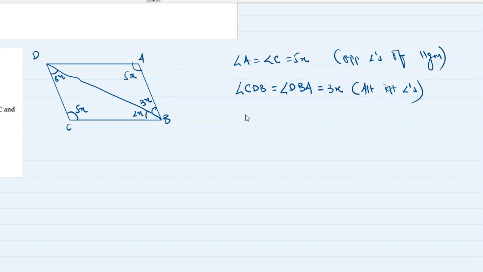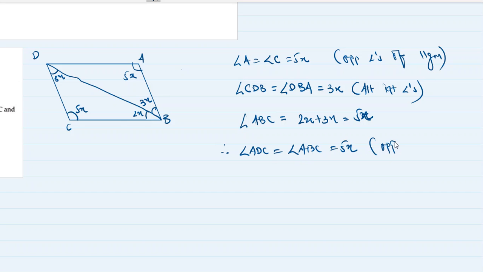So angle ABC is equal to 2x plus 3x, which is 5x. So therefore angle ADC is equal to angle ABC, which is also 5x. Why? Because they are opposite angles of parallelogram.